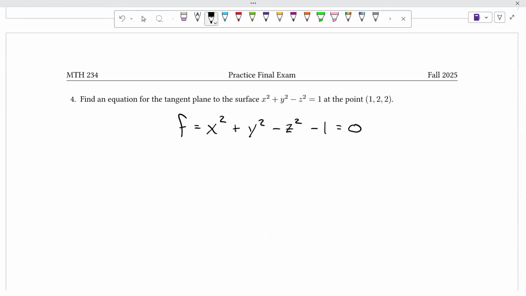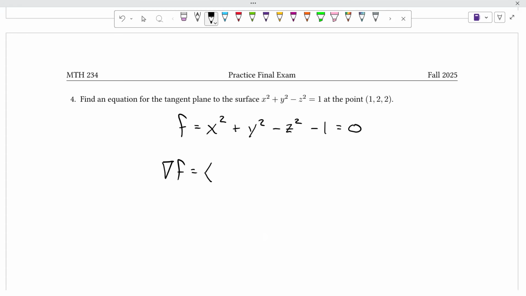I'm going to write my function so that it is something equal to 0. This will also work if it's a function equal to a constant, but I just wanted to rewrite it so that it's equal to 0, because if I can write my function that way, I know that I can find a normal vector to my surface by taking the gradient of the function.